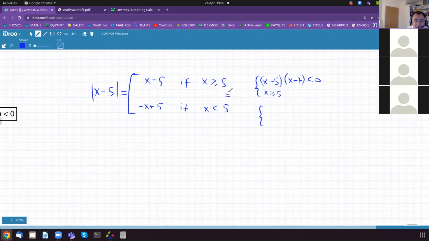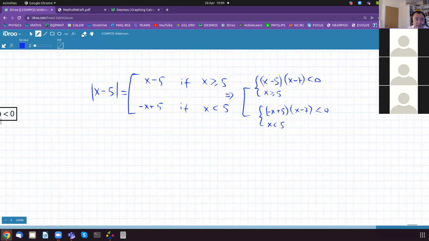So minus x plus 5, x minus 7 is less than 0, and x is less than 5. Now, this looks way too complicated. It's solvable, but it's way too complicated.